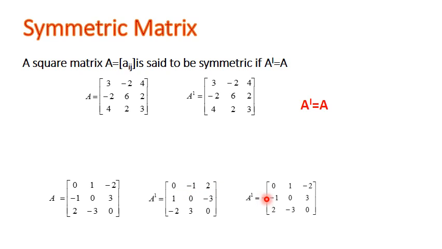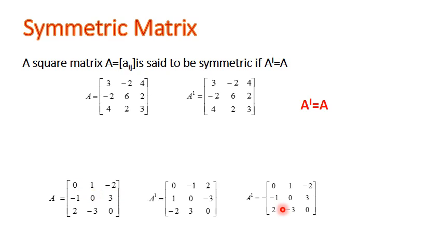So when I take the negative symbol minus outside, the matrix becomes 0, 1, minus 2, minus 1, 0, 3, 2, minus 3, 0. Now you check this A transpose matrix and this A matrix. When you check 0, 1, minus 2, A also has 0, 1, minus 2 in the first row.